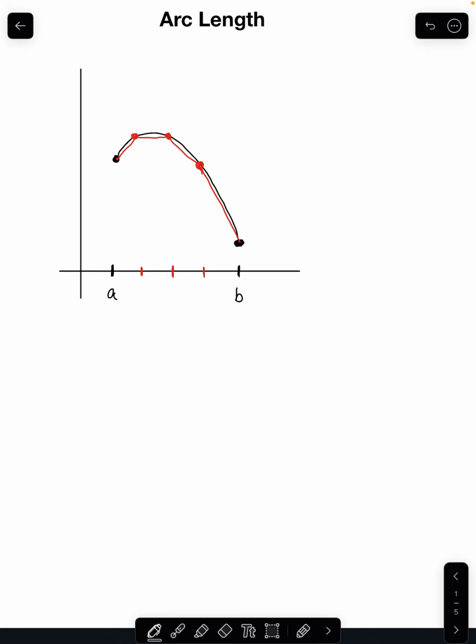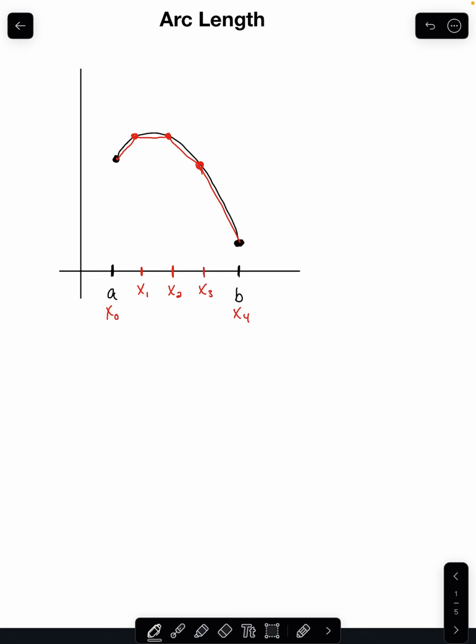So what we need to do here is start by defining the length of a line segment on a partition. As we do with partitions, we label the x values involved, starting at x sub 0 and going up to the end of the interval, which would be x sub n, in this case x sub 4 for 4 partitions.